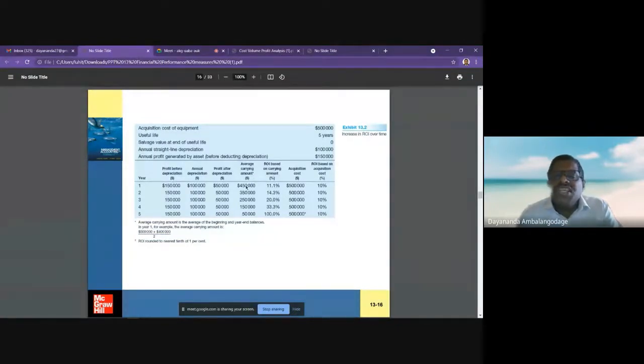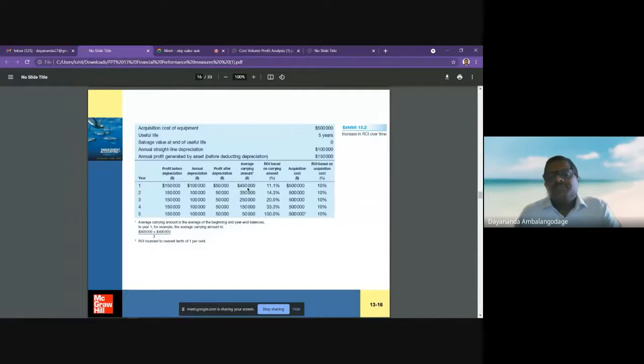If you take the first year, what is the beginning value of this equipment? You have to remember it is 500. Here, beginning value is 500. At the end of the year, since you used the equipment for 1 year, the value is not 500. You have to minus the depreciation, thereby 400. So the beginning of the year is 500, end of the year is 400. Average investment is 500 plus 400 divided by 2, 450.